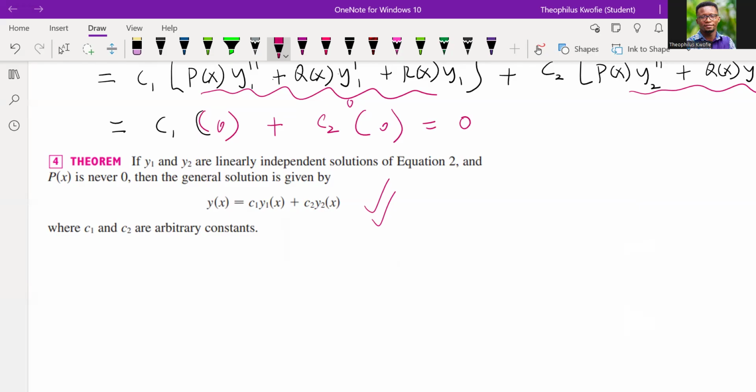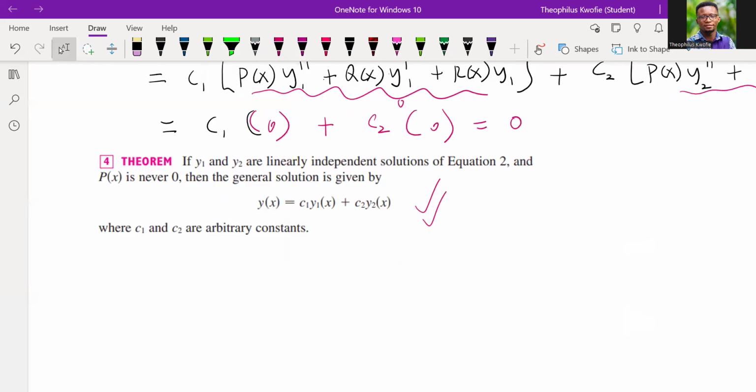If the differential equation has the form a y prime prime plus b y prime plus c y is equal to 0, where our a, b, and c are just constants instead of the p, q, and r that we said are continuous functions.